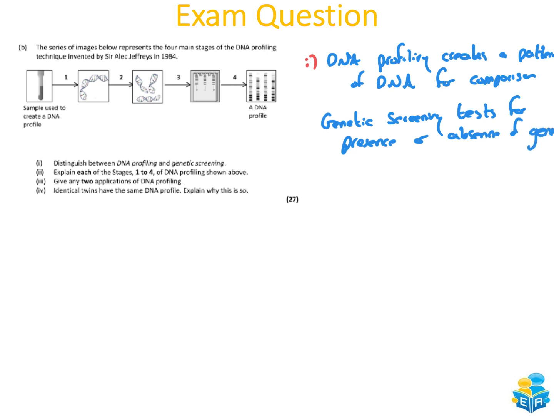Number 2, explain each of the stages 1 to 4 in DNA profiling shown above. So step 1 is DNA is extracted. So that was 1. Number 2, DNA is cut using enzymes.